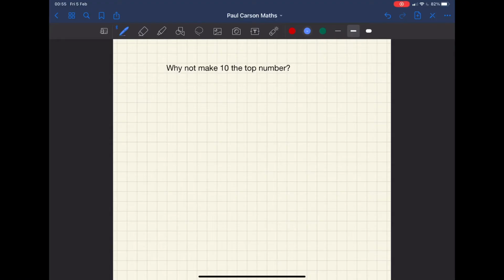So the question that I found interesting is what the documentary maker asks, which comes intuitively to him: well, why not make 10 the top number and make that a little louder? This is the whole joke. It feels like 11 is louder than 10, but the interviewer automatically says, well, why not make 10 the top number?